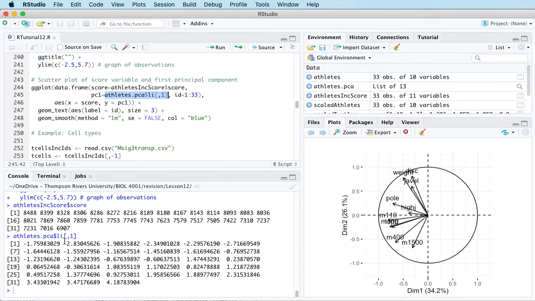So what we might expect to see here is a linear relationship between the first dimension of the principal component analysis and the final decathlon score for each of these athletes.